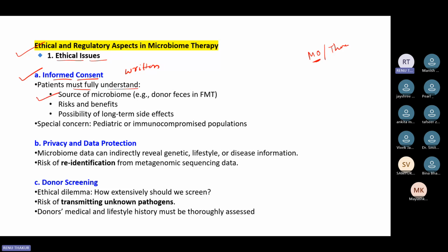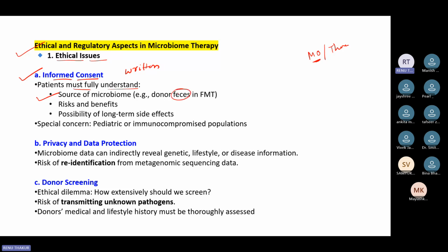As we are studying the ethical and regulatory aspects in the context of microbiome therapy, we always take the informed consent of the patient. These are the sources of the microbiome. For example, from which donor you have taken the feces.